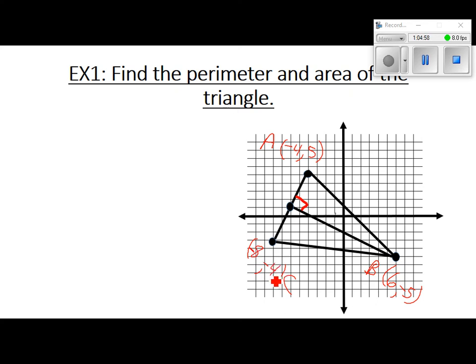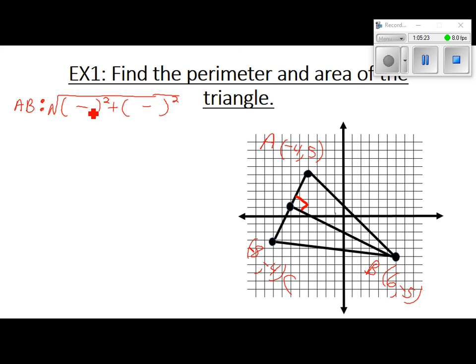What do we gotta do to find the perimeter? We gotta use the distance formula, find all of them, right? So pick me a side. AB. Can we do this without me writing in all the X's and Y's? Because there's quite a bit on this one, right?